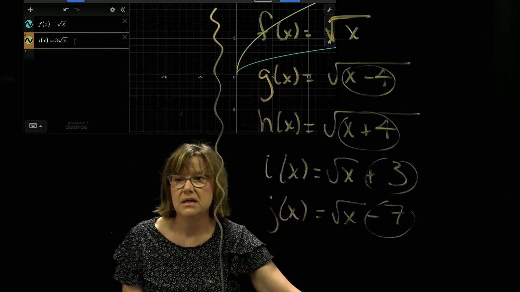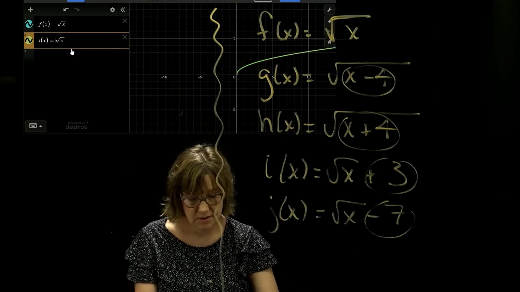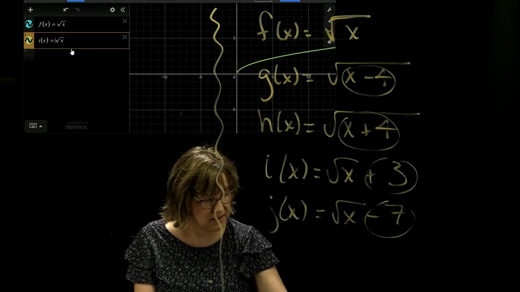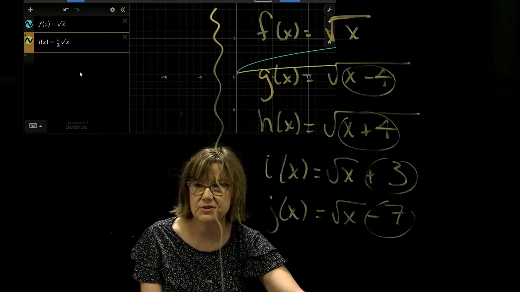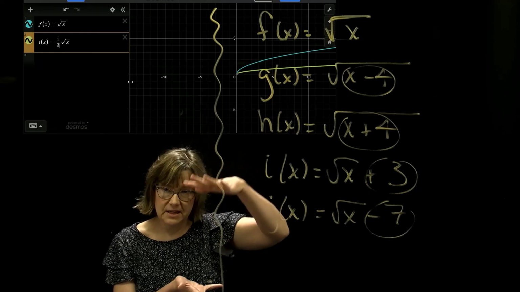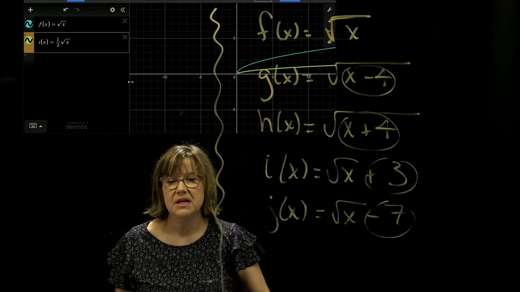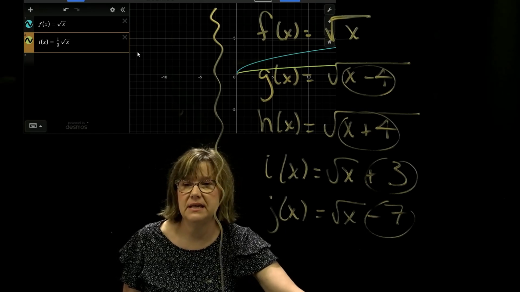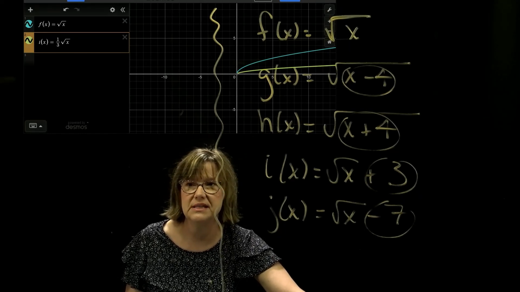What if I do, say, a third? Let's see. Do my fraction first. It's sometimes easier to put the fraction key first. That made it go away from the y-axis. All right, let's pause, and we're going to do this with a parabola, a quadratic function, so we can see similar stuff.